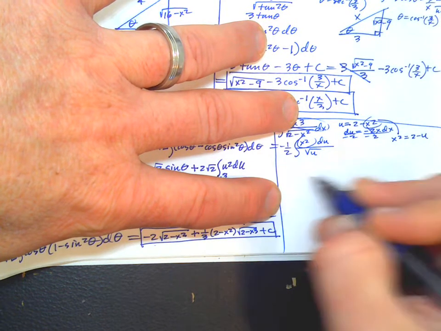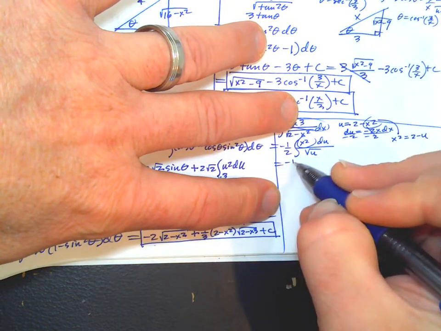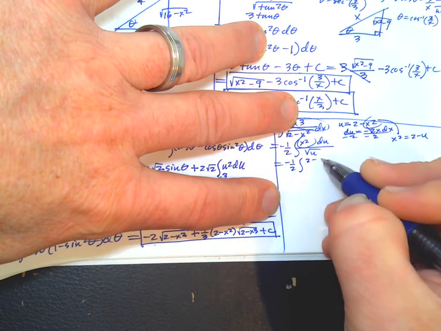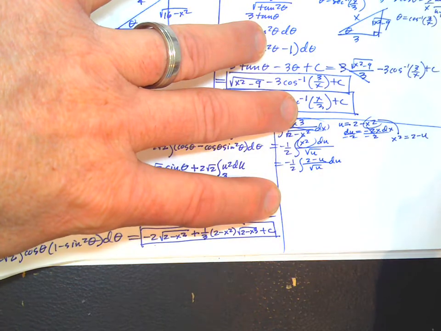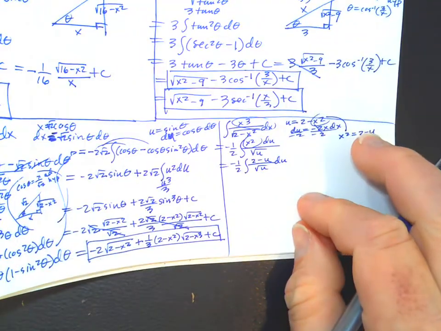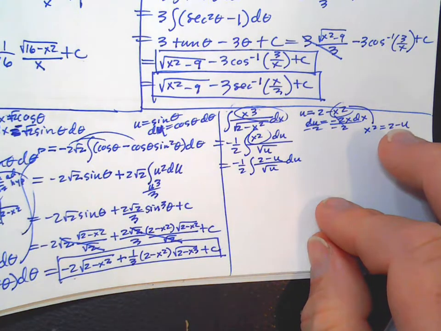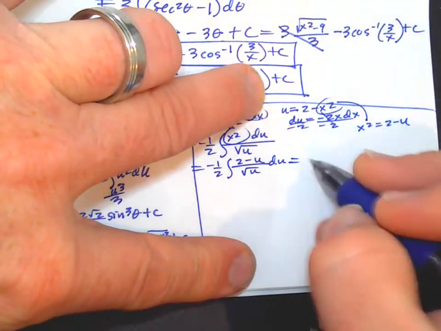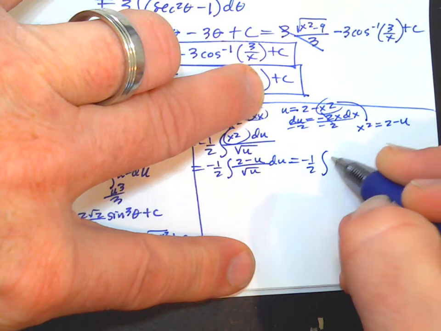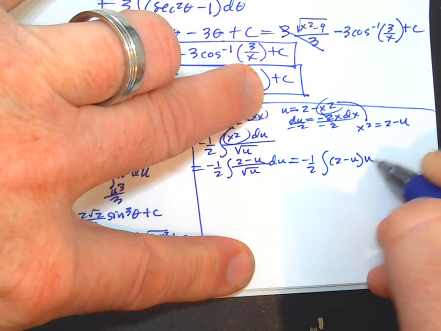So we could replace that with 2 minus u. And while that seems ugly, we can distribute that division because it's only one term, right? This is the same thing as negative 1/2, 2 minus u times u to the negative 1/2.